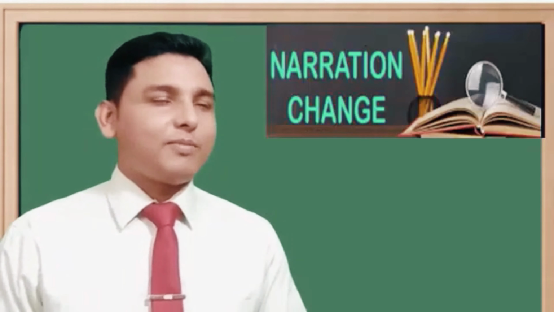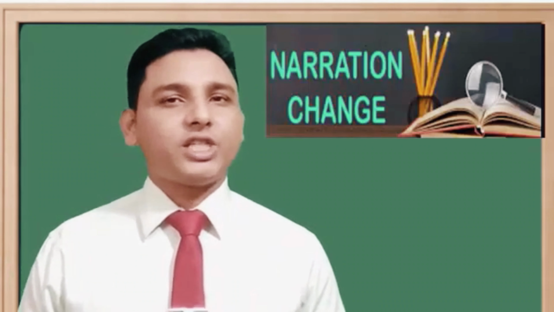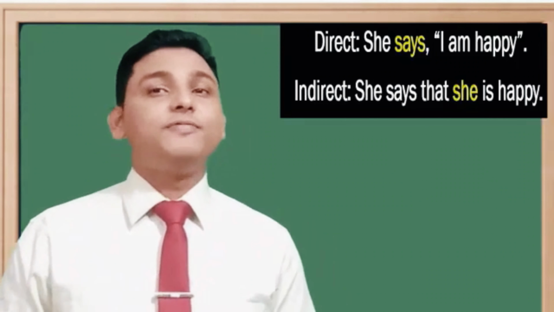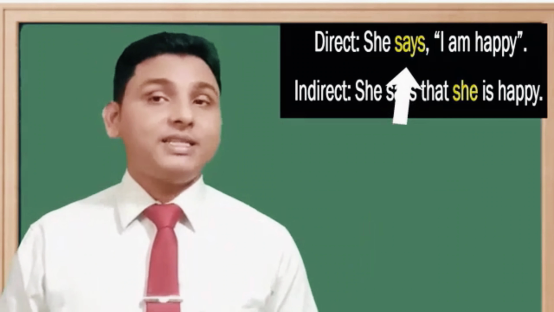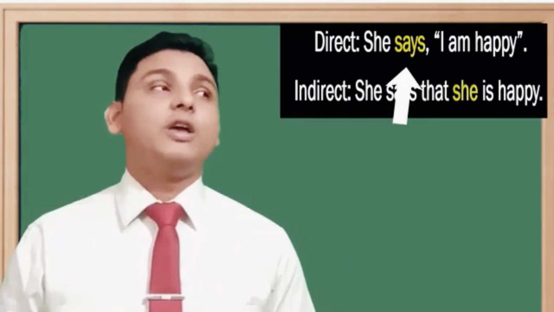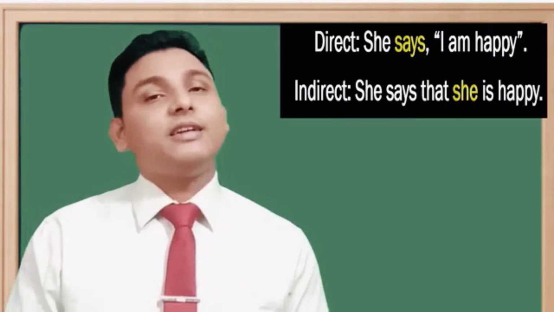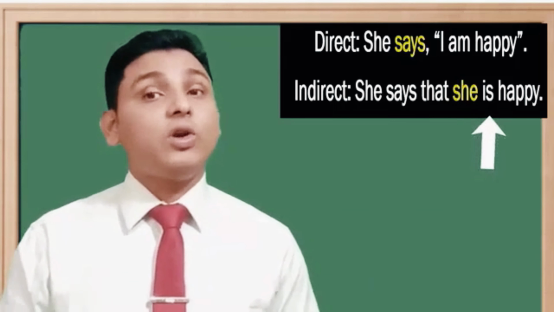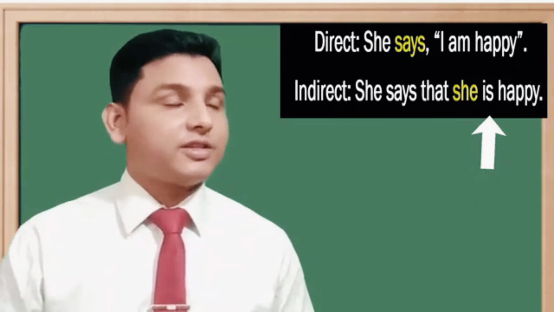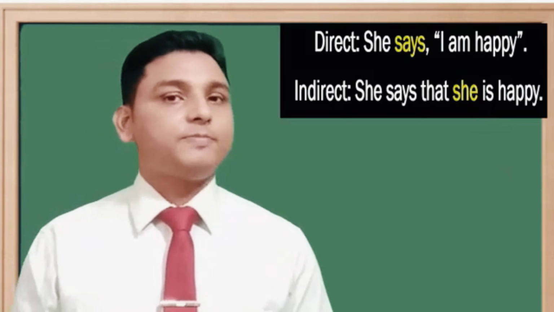Now let's see some of the basic rules of narration. See the first one. If the reporting verb in the direct speech is in the present tense, present perfect tense or future tense, then the tense of the verb of the reported speech does not change. Only the persons will be changed. Let's see the example.